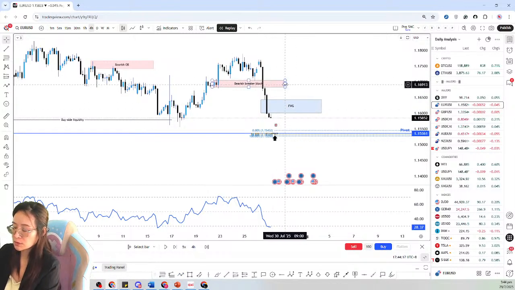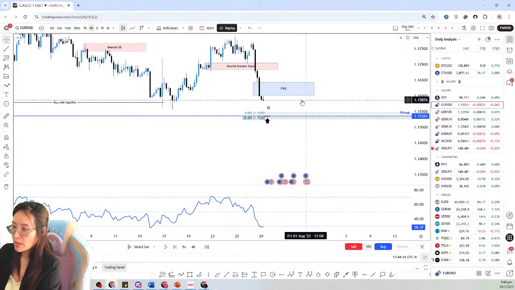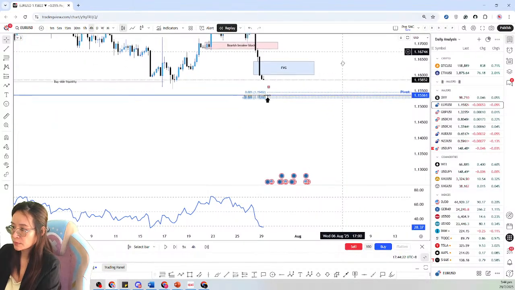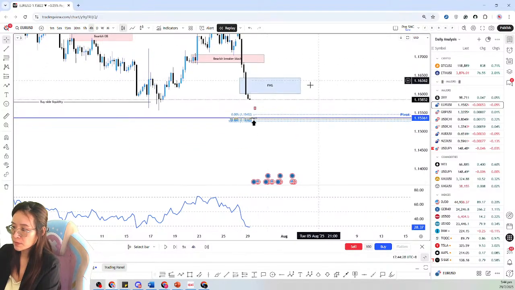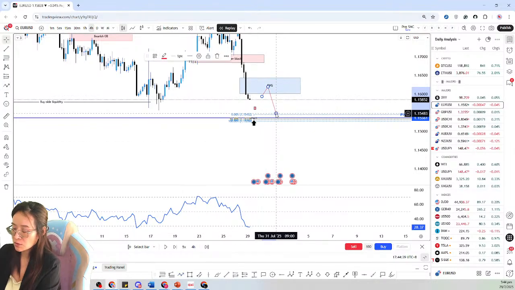Or this one you can call mitigation as well. And this is our FVG, right? FVG, you can see that the first wick and the third wick are not touching, and there is a gap here. So if you want to trade with the FVG, basically you need to wait for price to go to the FVG and then you're gonna sell.